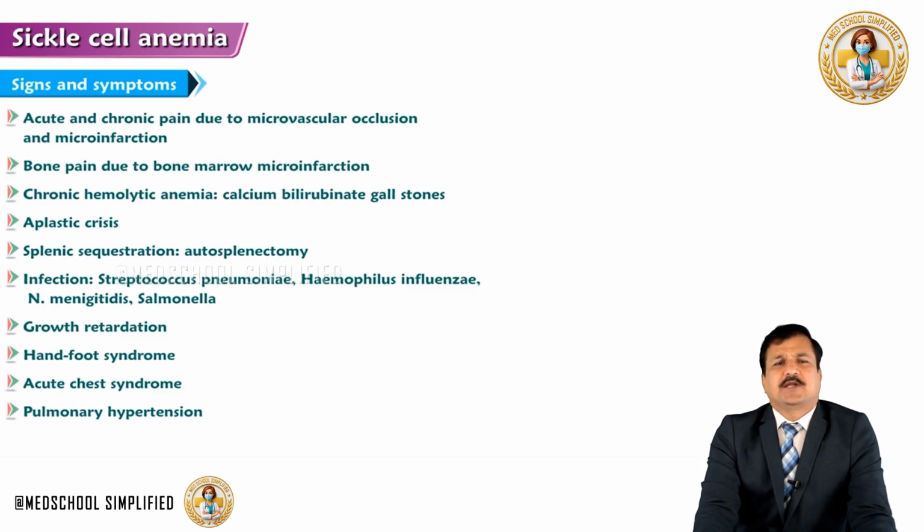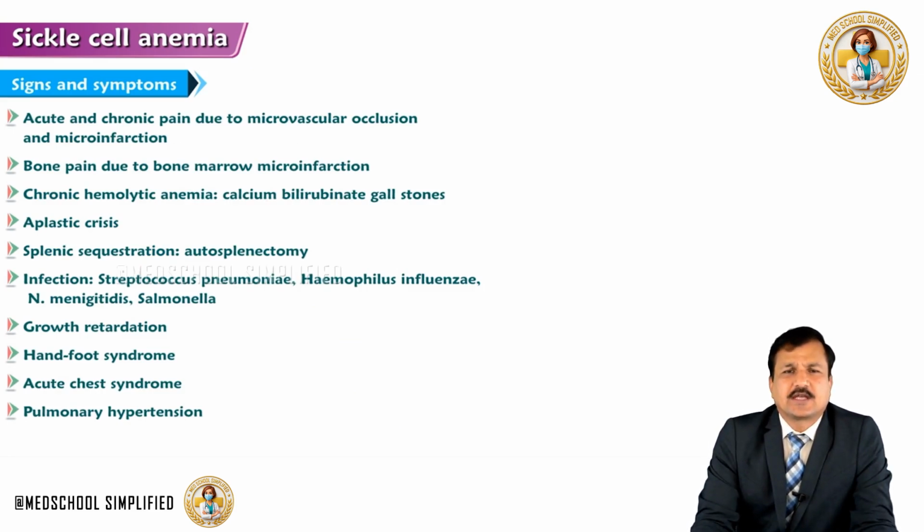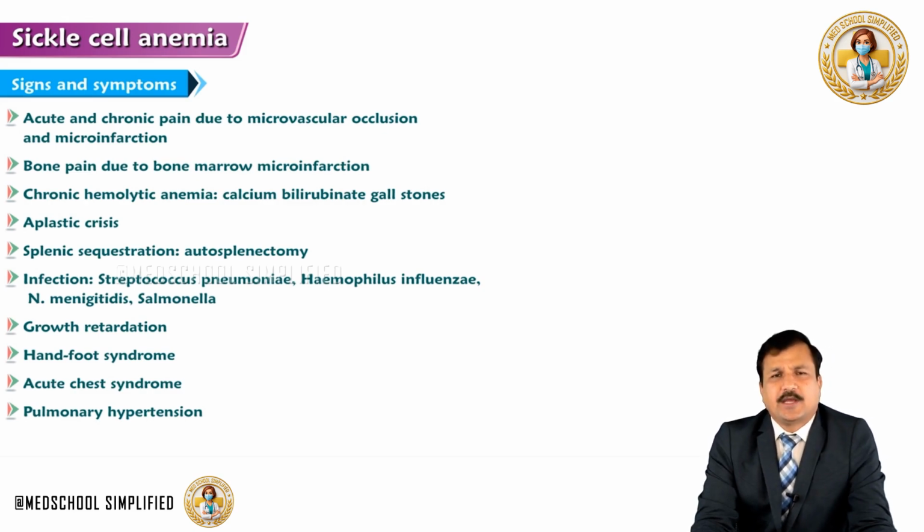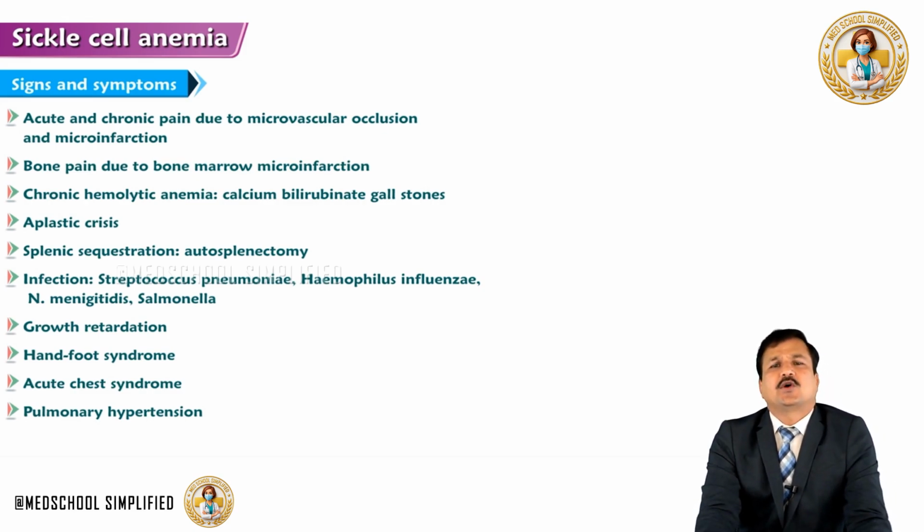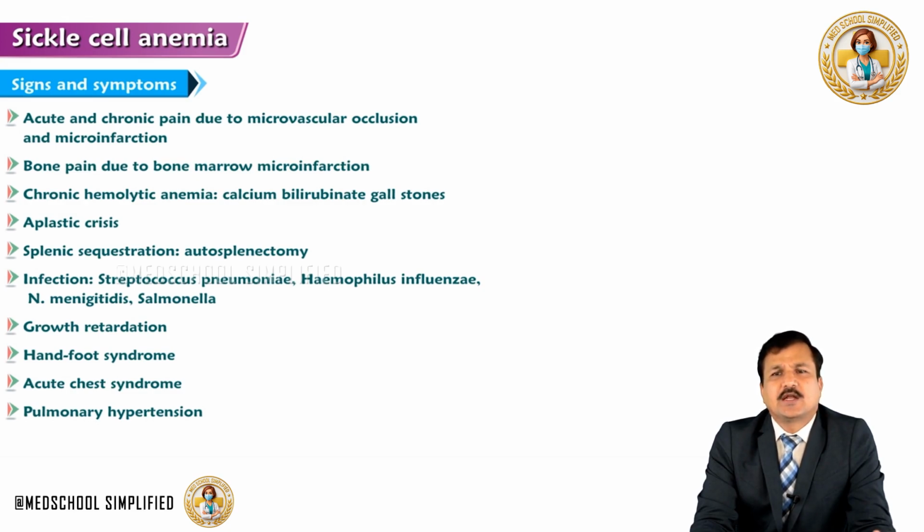Some of the signs and symptoms that we see here in sickle cell anemia starting from childhood are acute and chronic pain due to microvascular occlusion and microinfarctions. The most common clinical manifestation is vaso-occlusive crisis. Pain crises are the most distinguishable clinical feature of sickle cell anemia.